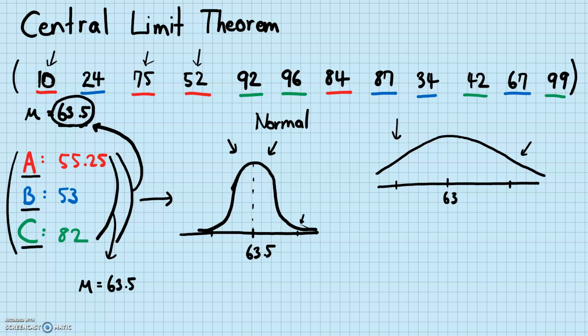As you can see in these two graphs, the individual scores are much more spread out. And you can see that in this data set here as well. The scores are much more spread out, whereas if you take the average scores, they're much closer to the mean.